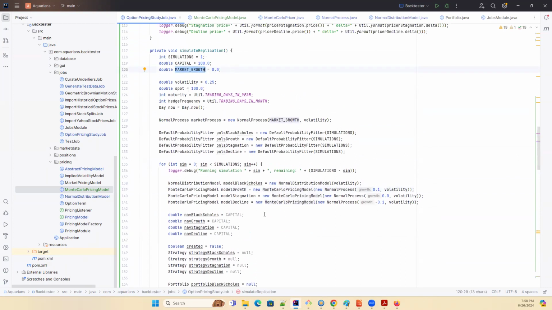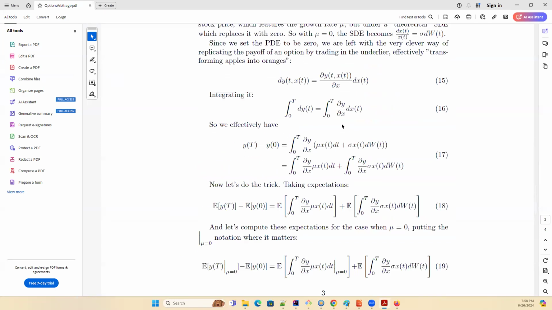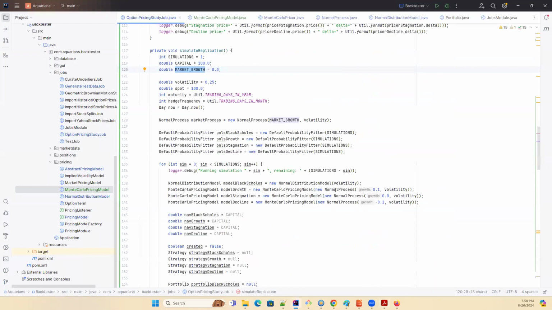We're starting with 0, and we are going to do this replication of option prices, so this integral, using different models for the expectation. So using a positive growth, negative growth, or 0.